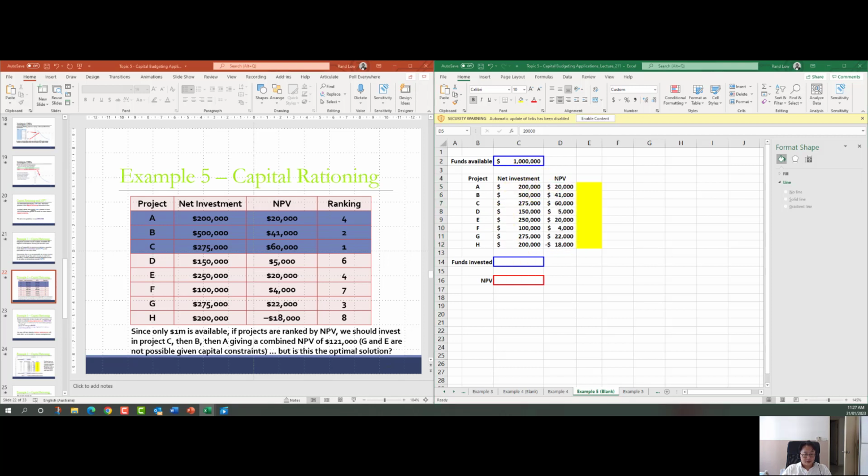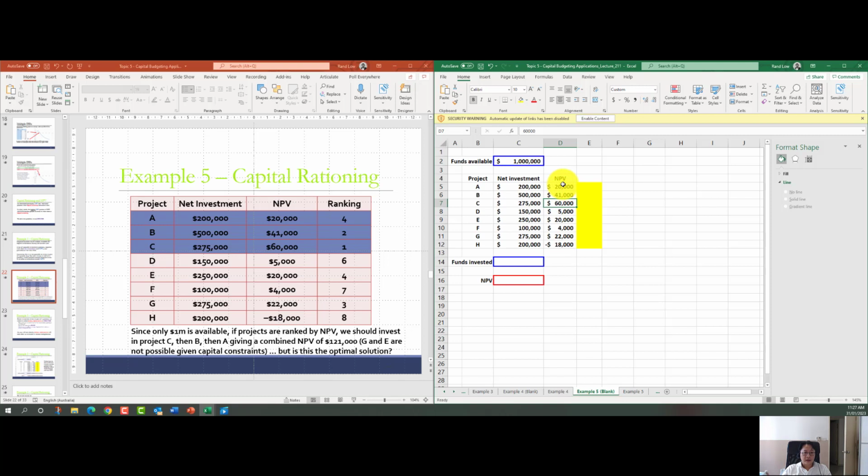What we actually need to do here is, if the projects are ranked by NPV, then it would make sense that we should invest in C, and then B, and then A.